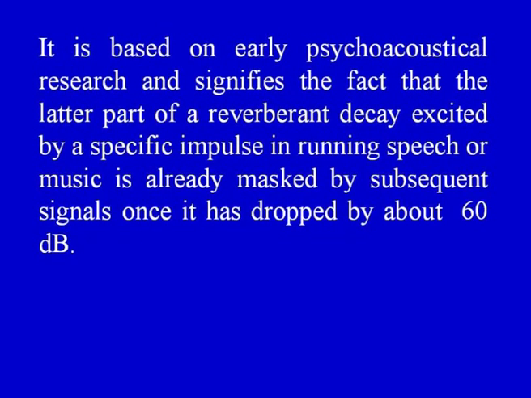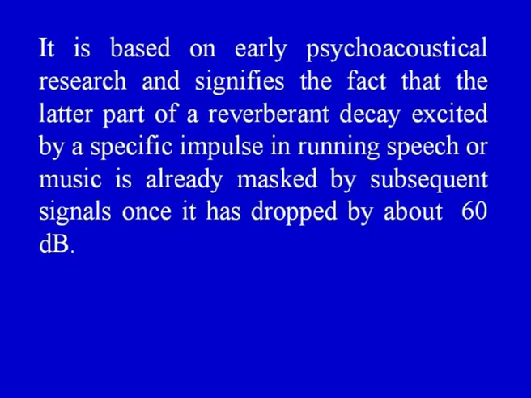You see, this is based on early psychoacoustical research and signifies the fact that the later part of a reverberant decay excited by a specific impulse in running speech or music is already masked by subsequent signals once it has dropped by about 60 decibels.